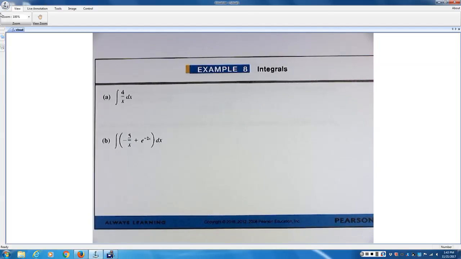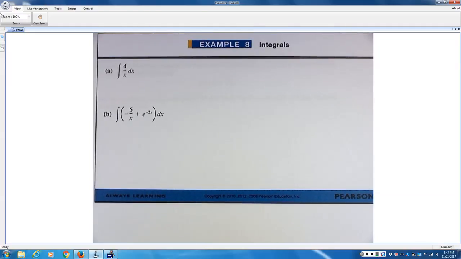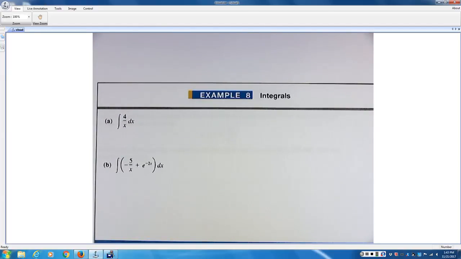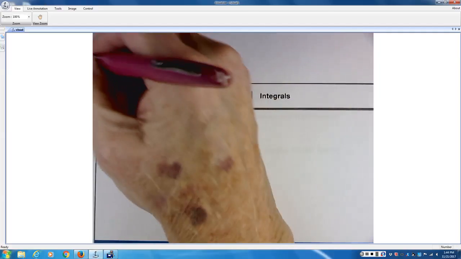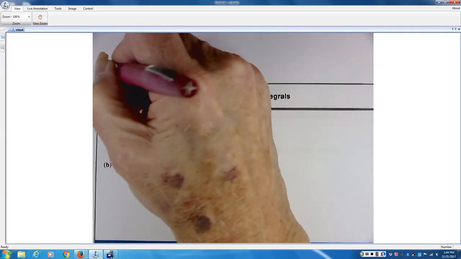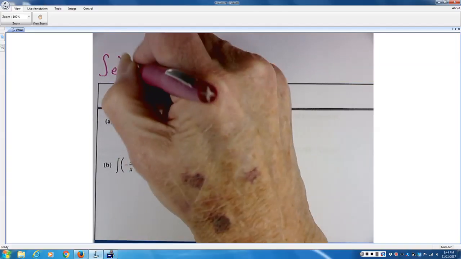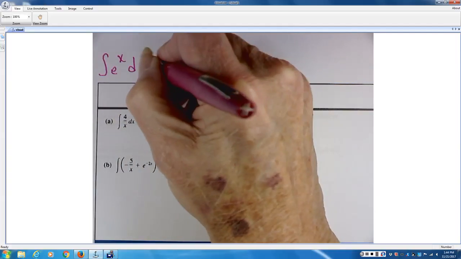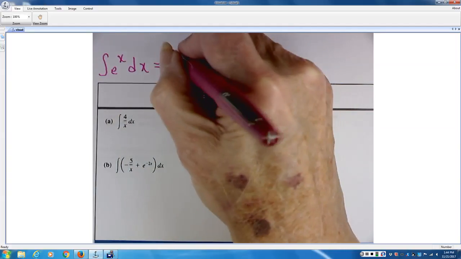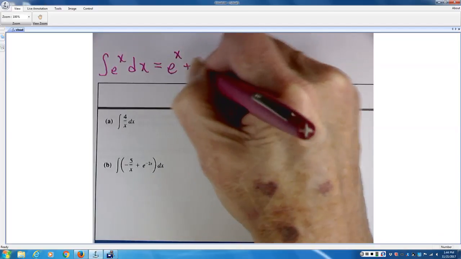Oh, yeah, okay. So, with the rules for exponential functions, just a reminder of what those rules are: the integral of e to the x dx is equal to e to the x plus a constant.